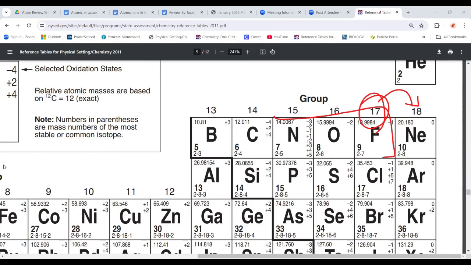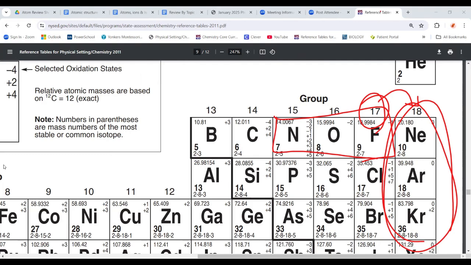The elements over here are so reactive that if you leave them alone with only atoms of their own element, they insist on bonding with each other just to lower their energy level and get more comfortable. That is why they are diatomic gases and they are never alone. But the noble gases are just not going to do that. They don't make bonds because they don't need to. They already have 8 outermost electrons.